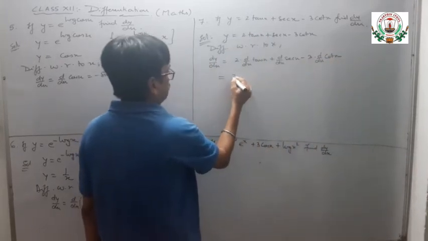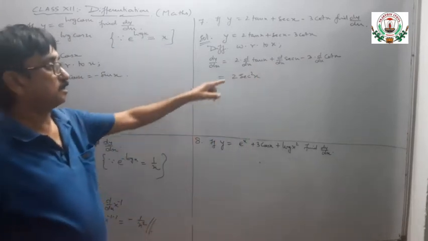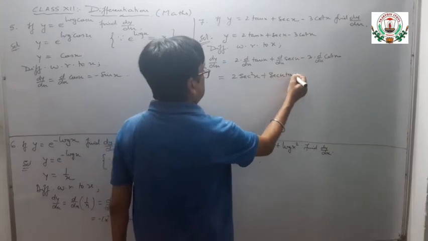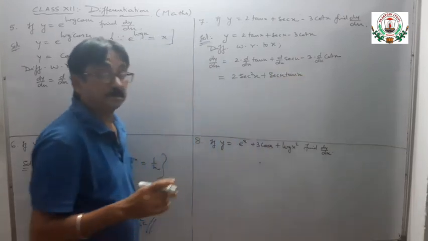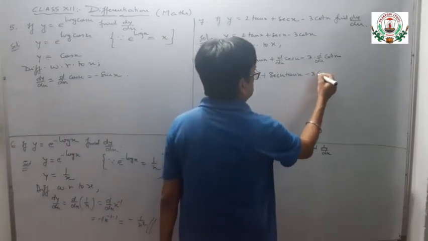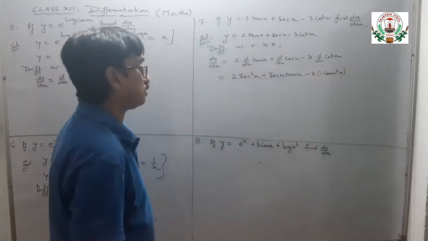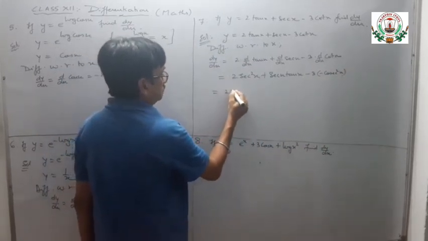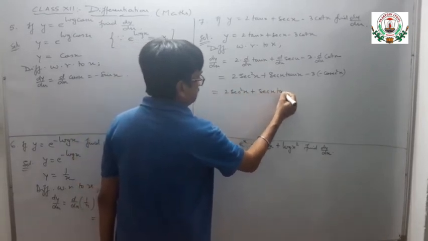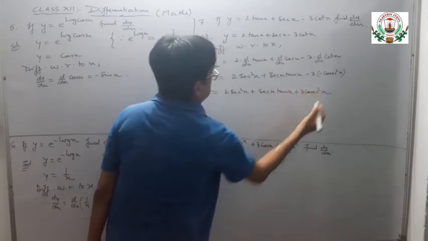So d by dx of tan x will give us sec square x, d by dx of sec x is sec x tan x, and d by dx of cot x is minus cosec square x. So minus 3 and in brackets we write its differentiation, minus cosec square x. So the final answer becomes 2 sec square x plus sec x tan x plus 3 cosec square x.